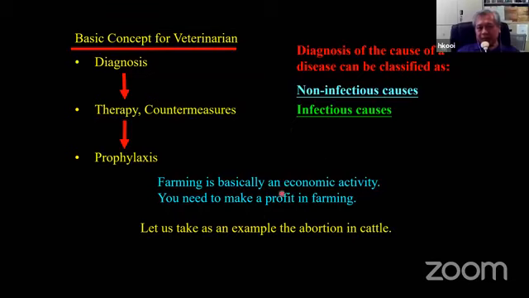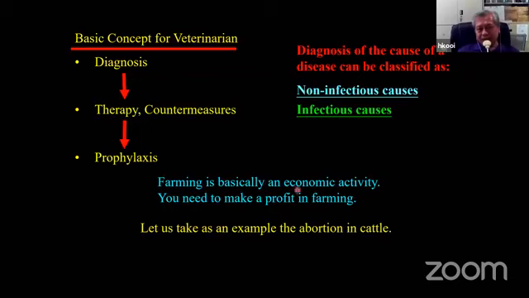So now let us take abortion in cattle as an example. For example, you don't go to a hospital if you don't feel a stomach ache or a headache or some other clinical signs. You only go to the hospital to be examined when there's something wrong with your physiological being. And abortion is one which is not normal.